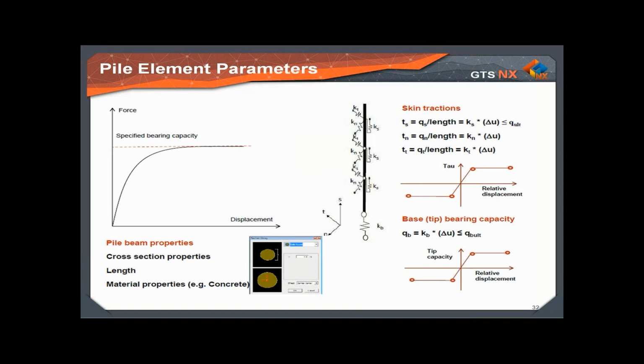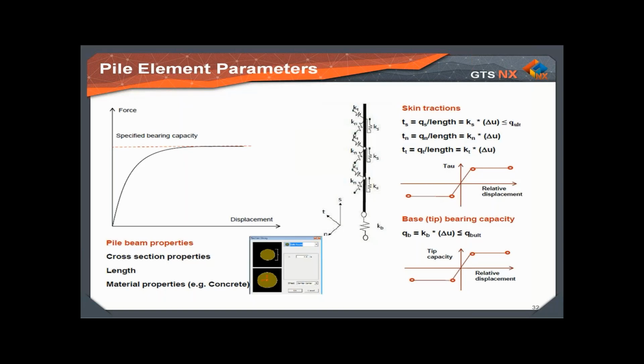Although we have all these springs with linear relations, because we have so many points and so many springs along the whole length, and we have interaction between this beam and the soil surrounding it, you end up having a higher-order nonlinear curve describing the force displacement behavior of the single pile. This graph also covers both positive and negative directions.